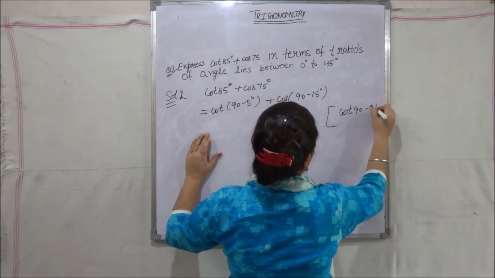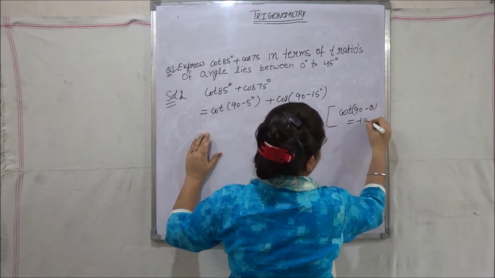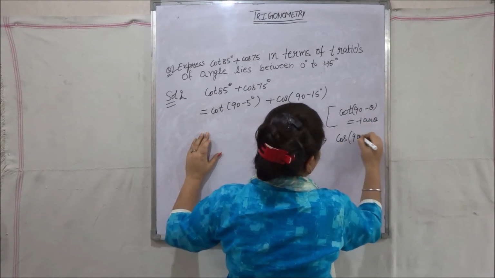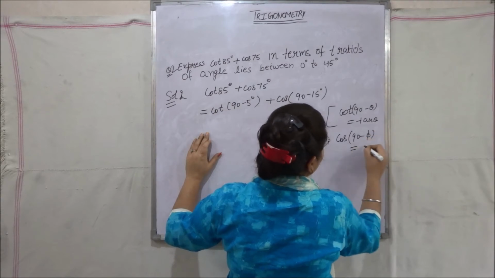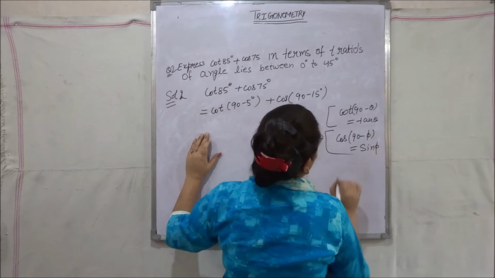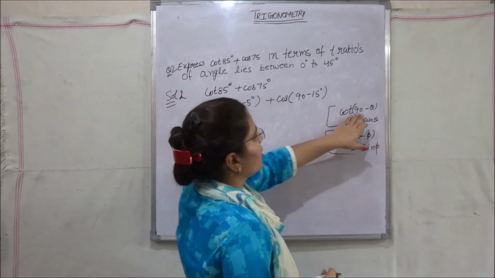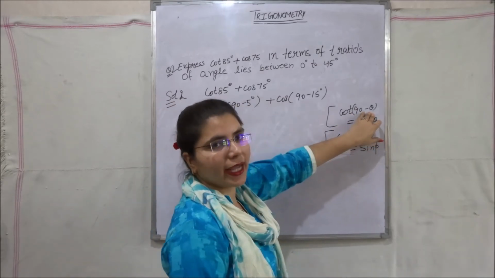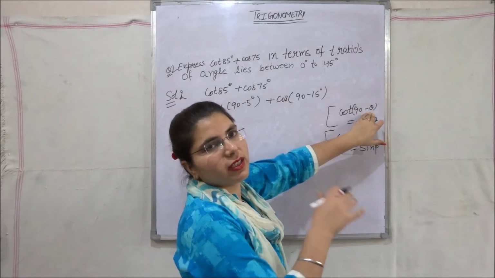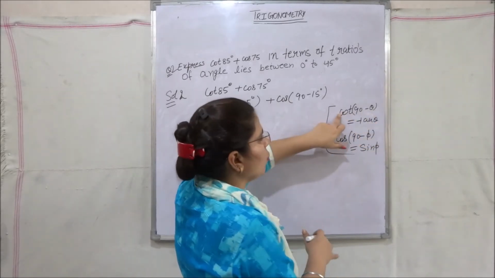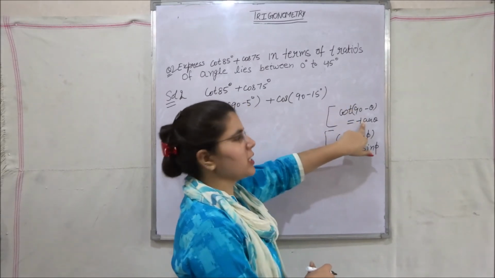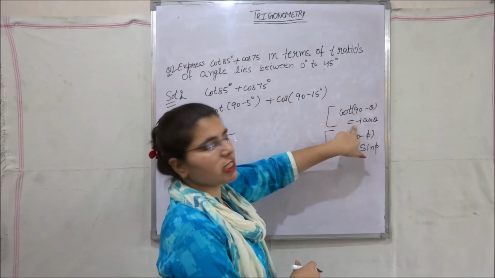Now we know that cot of 90 minus theta is tan theta, and cos of 90 minus phi is sin phi. Because 90 minus theta is an angle lying between 0 to 90 degree, it is in the first quadrant, and we know that in the first quadrant the t ratios change, but there is no change in sign.